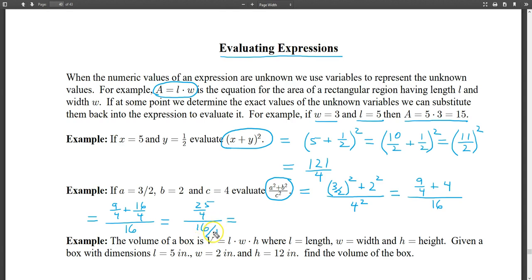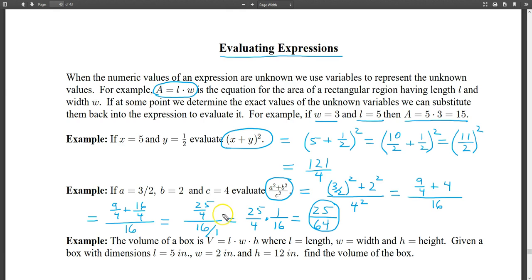Remember how we divide fractions, just flip this up and write this as 25/4 times 1/16. And then that is 25 divided by 4 times 16, which is 64. And that's our simplified answer, 25/64.